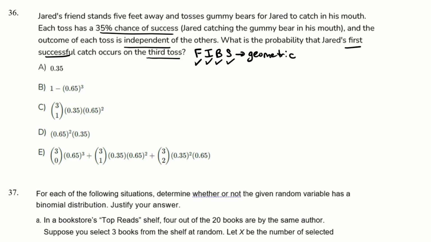So we can just use the formula for the geometric. It says the first successful catch on the 3rd toss, so it's going to be the probability that X is equal to 3.